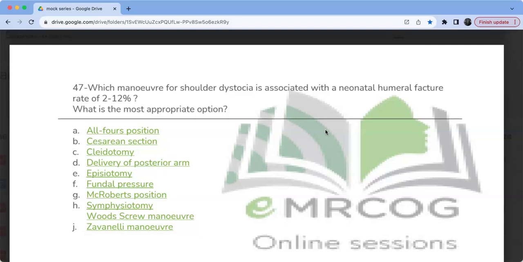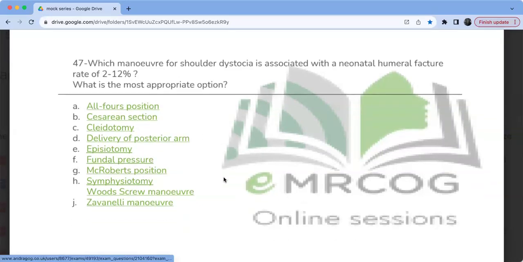Which maneuver for shoulder dystocia is associated with neonatal humeral fracture rate of 2 to 12? Yes, it's delivery of the posterior arm. Here the answer is D, delivery of the posterior arm.